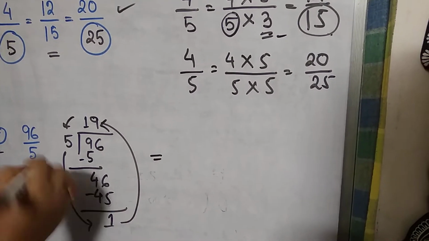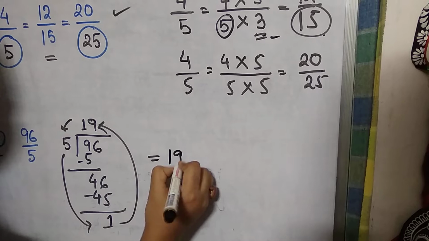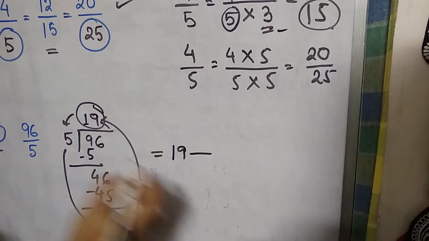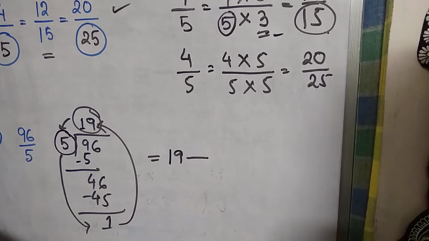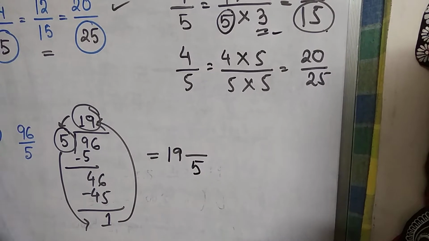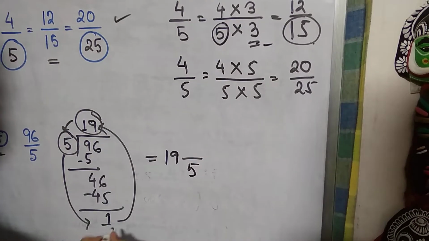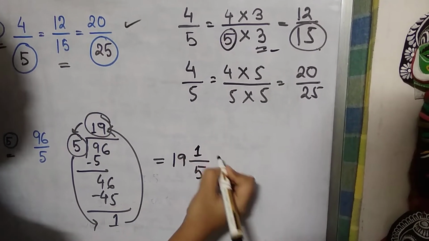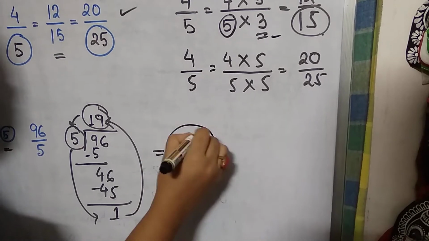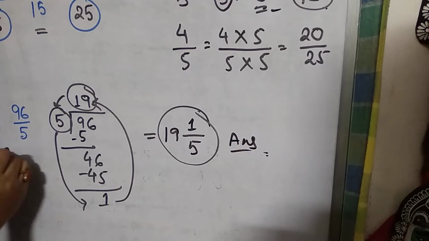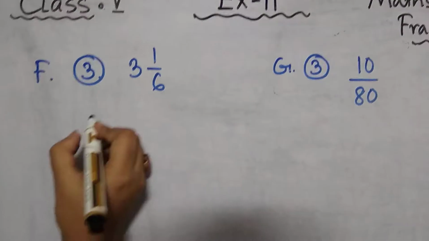The quotient that we get will become the new whole number, and the divisor will become the new denominator of the proper fraction, and 1 will be the numerator of the fraction. So this is going to be the mixed fraction of 96 by 5.